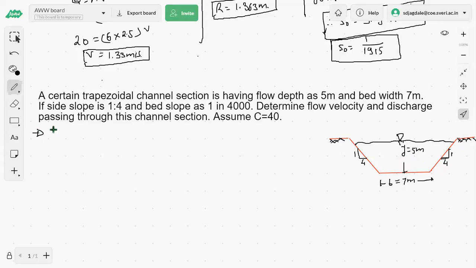Side by side, I would like to start writing the given data.